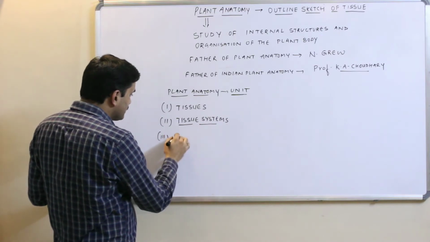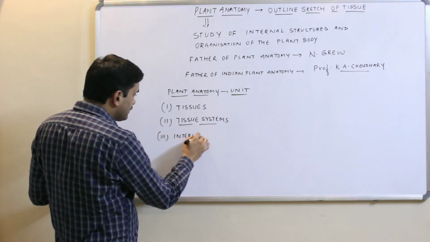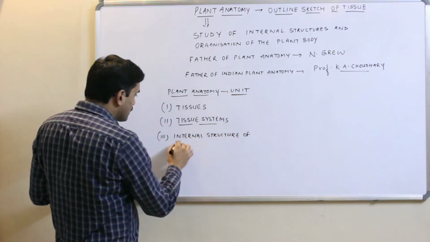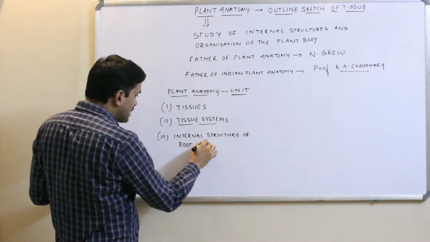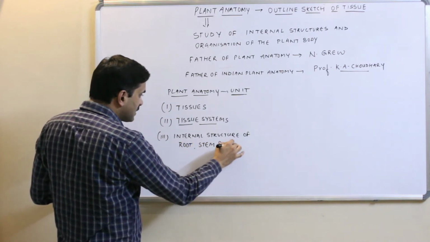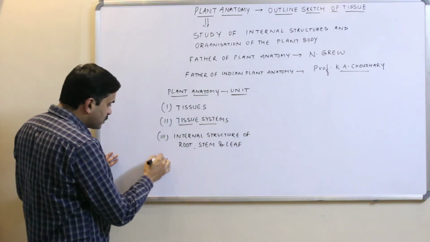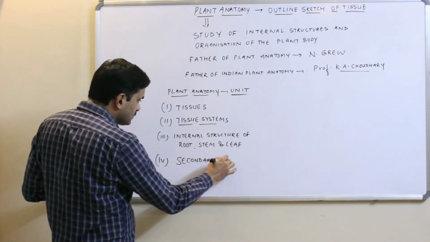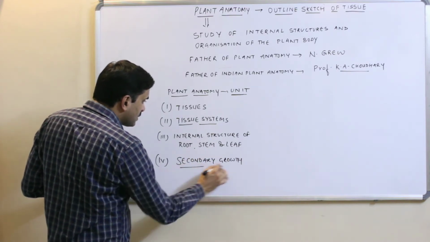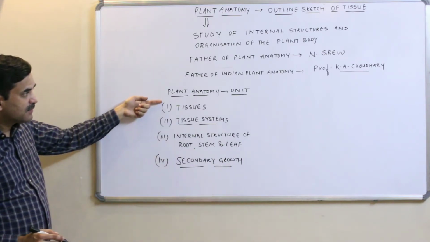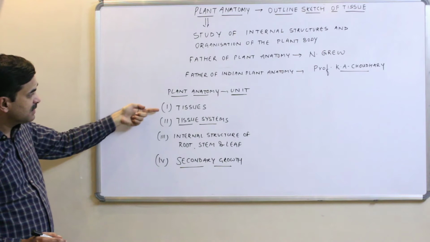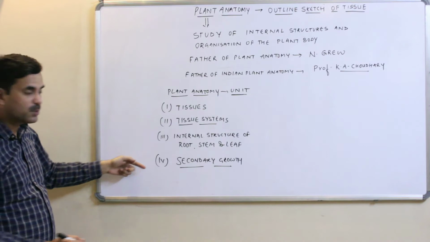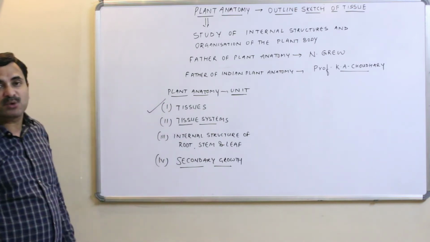Third is internal structure of a root, stem and leaf, and the 4th chapter is secondary growth. So the plant anatomy unit is divided under 4 chapters: tissues, tissue system, internal structure of root, stem and leaf, and secondary growth. In today's video we will be discussing the tissues.